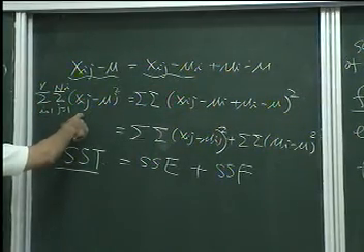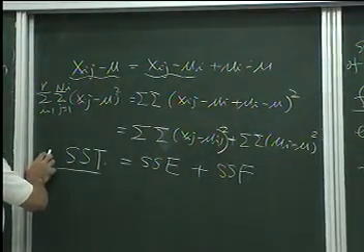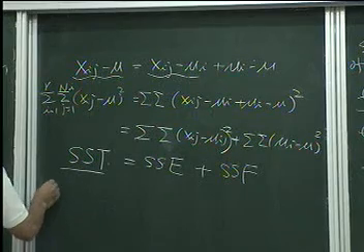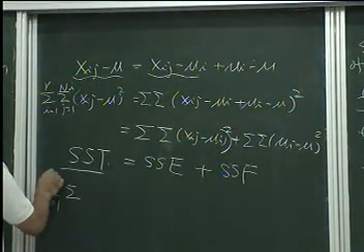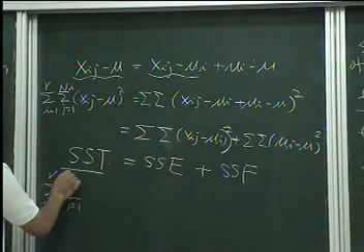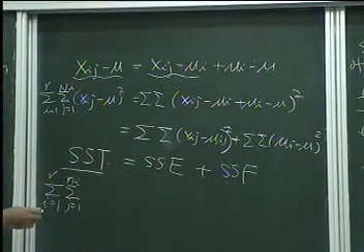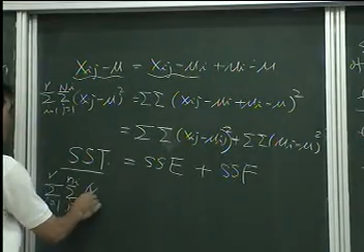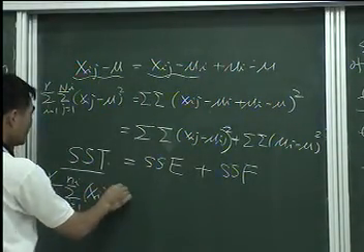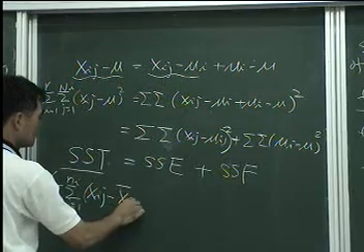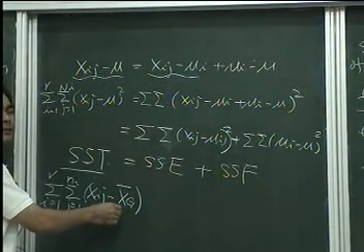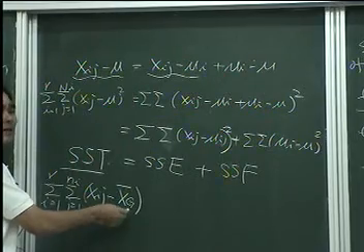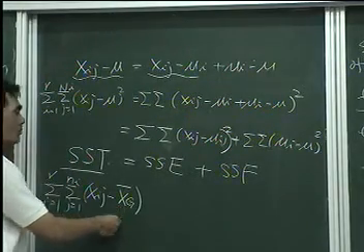So it should be the summation over i from 1 to r, j from 1 to n_i. Because it is a sample, we use little n. Then (Xij minus X bar G), where X bar G is the mean of the whole sample.